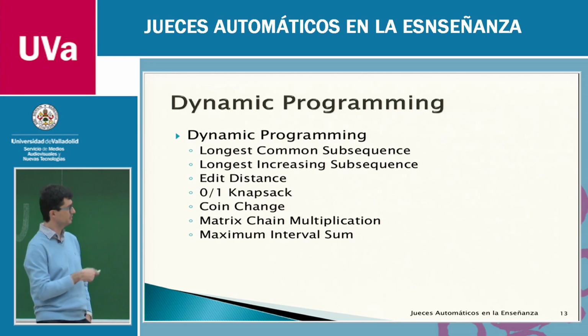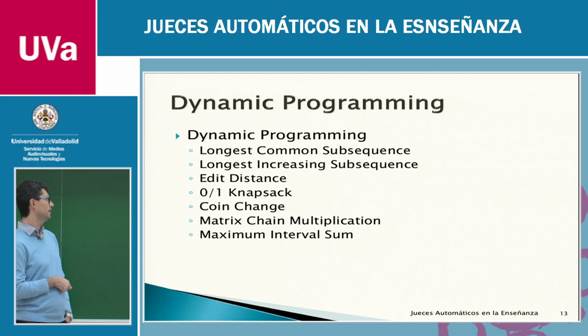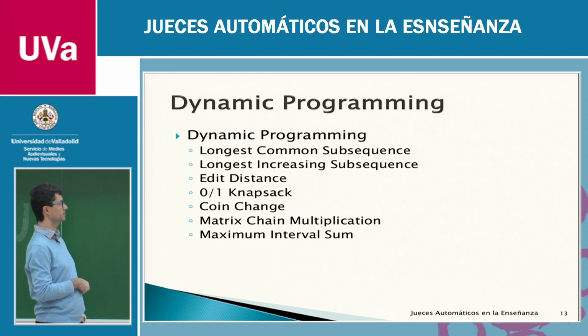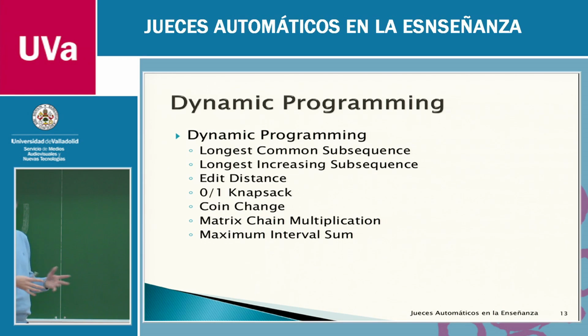Another known problem is the knapsack, the 0-1 knapsack. This is very useful for logistics, for instance. Maybe you have a ship and you want to put a lot of things inside, and this algorithm helps you know which are the best objects that you can put inside, or maybe in a lorry.